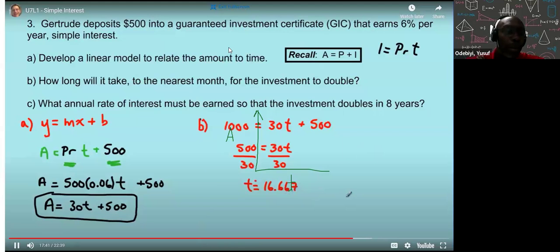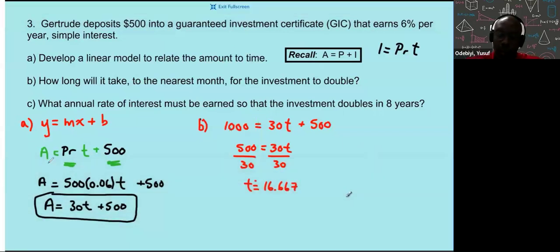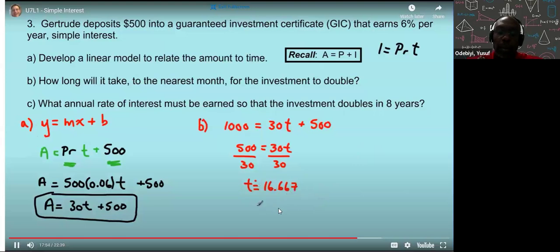So how many months is 2/3 of a year? Well, if a year is 12 months, 2/3 of that is 8. So 16.667 would be the same thing as saying 16 years and 8 months. Okay, so that would be your final answer for that.